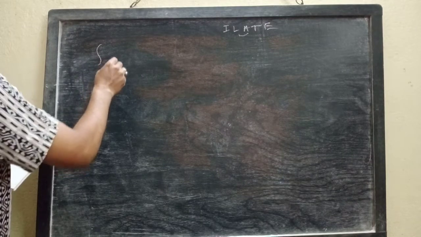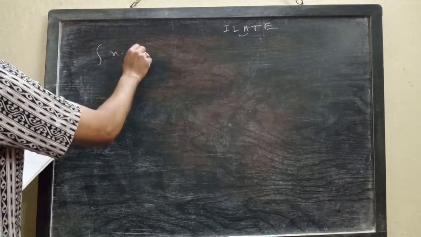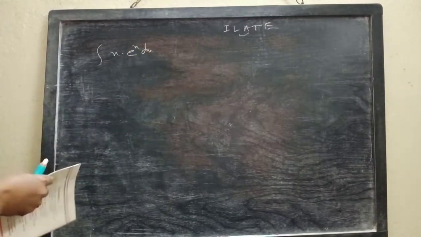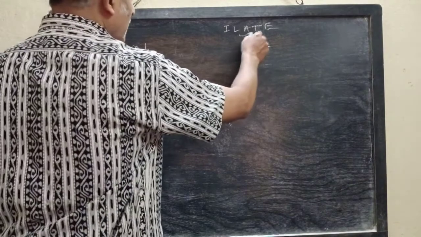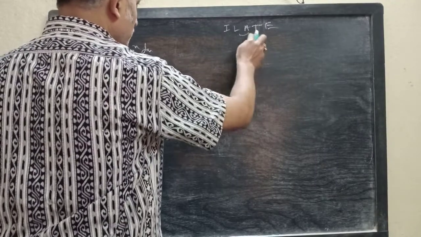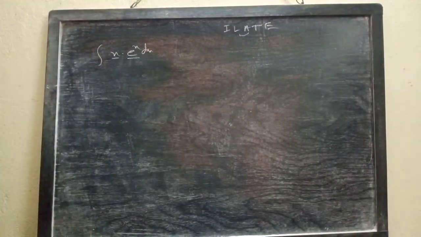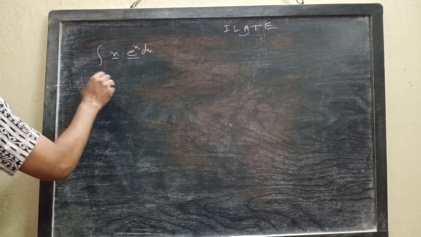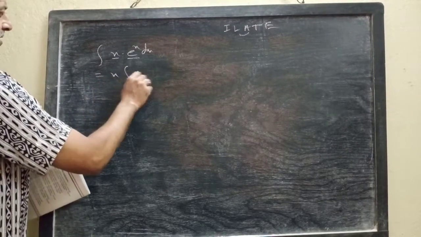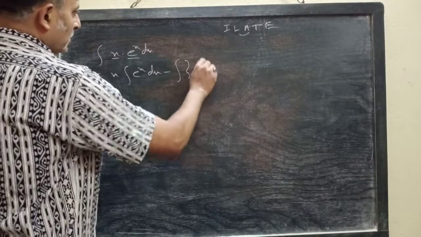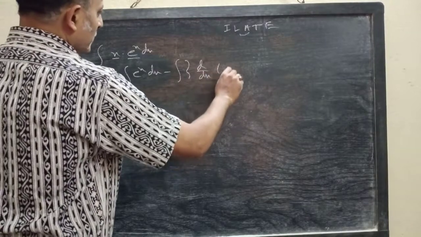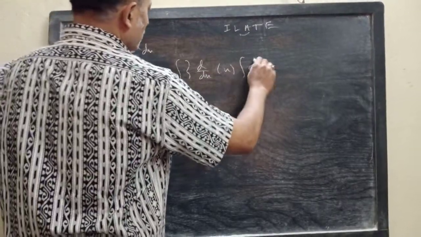Integration x e to the power x dx. Look, this is algebraic, this is exponential. A occurs before E, so algebraic will be taken as the first function. X integration e to the power x dx minus integration, derivative of first function, integral of second function.